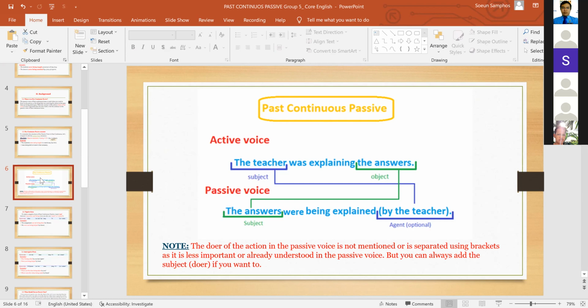In the passive voice, like the answer will be explained by the teacher, "by the teacher" you can put or not. It's up to you. If you think that the sentence is not full, or not correct, you can put "by the teacher" at the end of the sentence, when it's not a full meaning. But if it's a full meaning, you don't need to put "by the teacher" in the sentence. It's up to you. Move to the next slide.